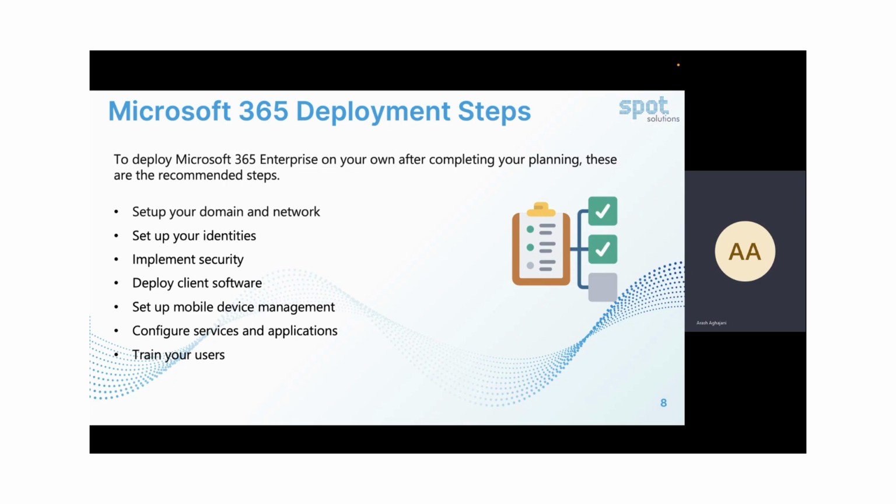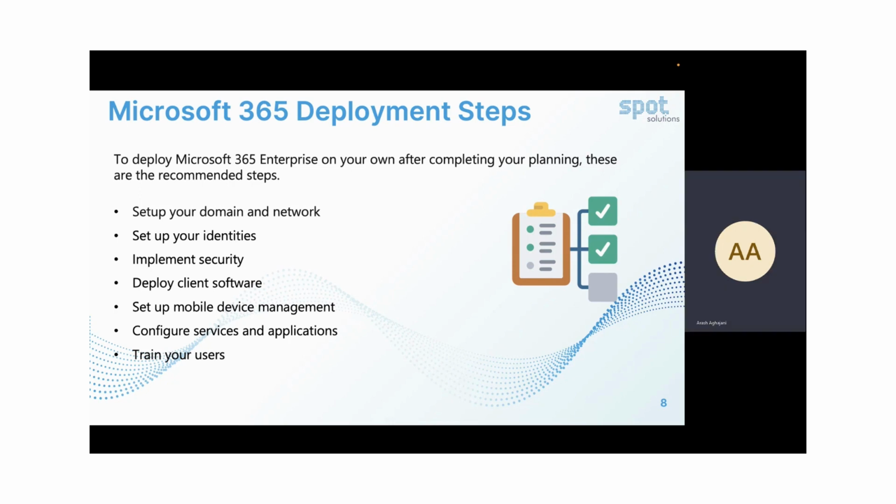The first step is to set up your domain and network. In this step, you need to add your internet domain and optimize the network performance for your on-premises users. Then set up your identities, implement security, deploy client software, set up mobile device management, configure services and applications, and train your users.